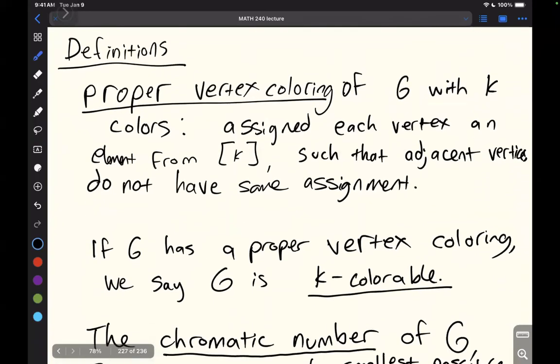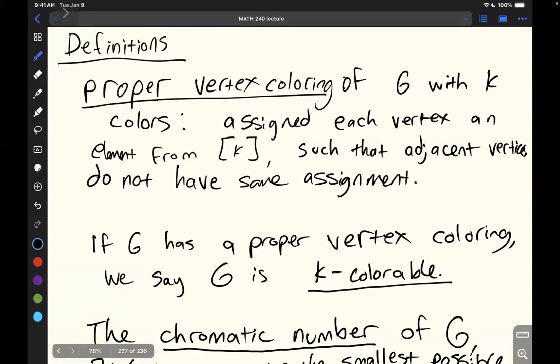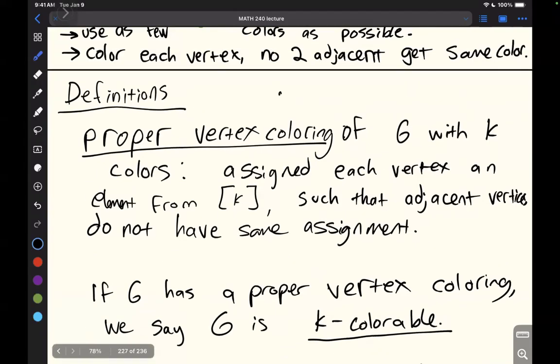We've got definitions to go along with that, where a proper vertex coloring is one where those rules are fulfilled, where we don't have the same assignment for two adjacent vertices. So we cannot do something like color this one red and color that one red. That's not allowed. If we don't have that, then it's a proper vertex coloring.